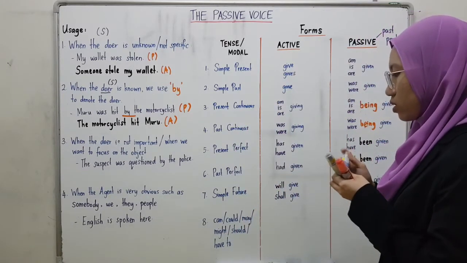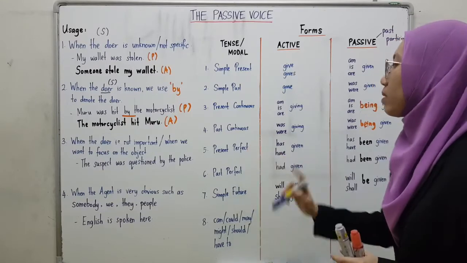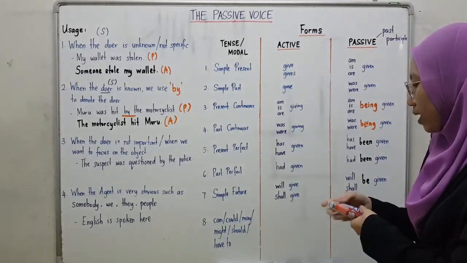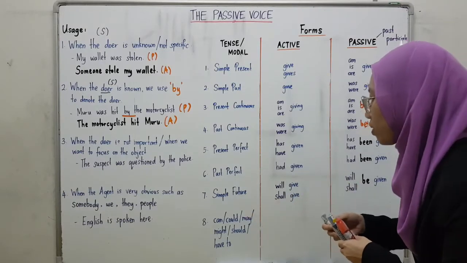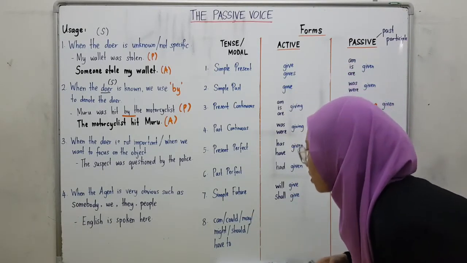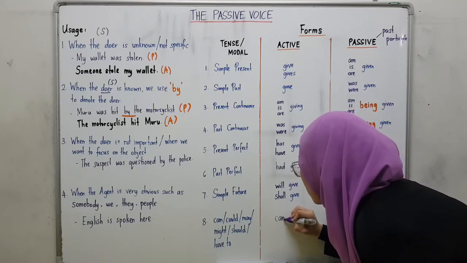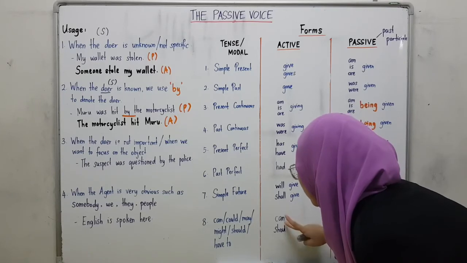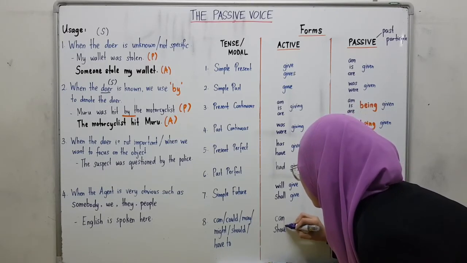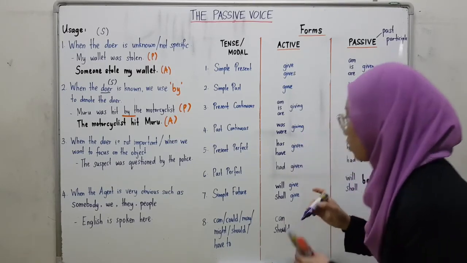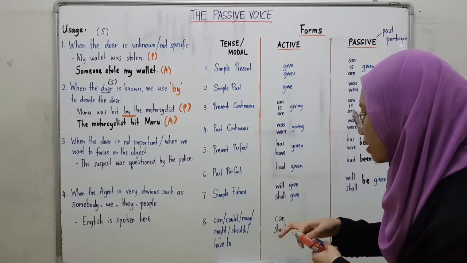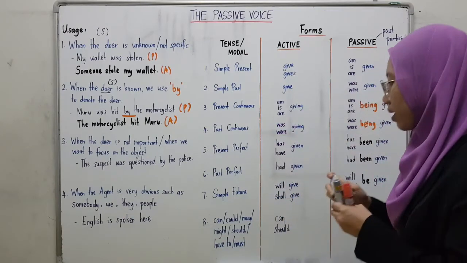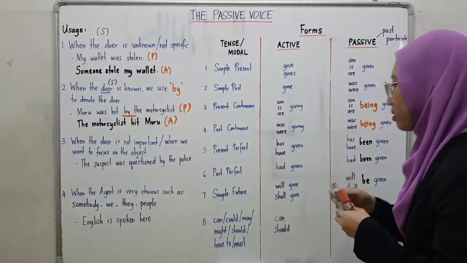When you use a modal verb, in the active form the verb must be in base form. For example, I will apply just 3 modal verbs: can, should, and another one, must.